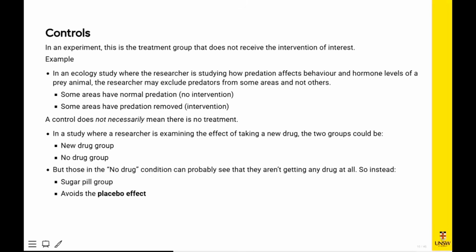So you need to remove the effect of being included in a research study, and you can do that by giving them some sort of sham treatment or sugar pill type of thing. Controls that you have in your study should look as close as possible to those in your treatment groups, and hopefully your randomization really does take care of that for you.